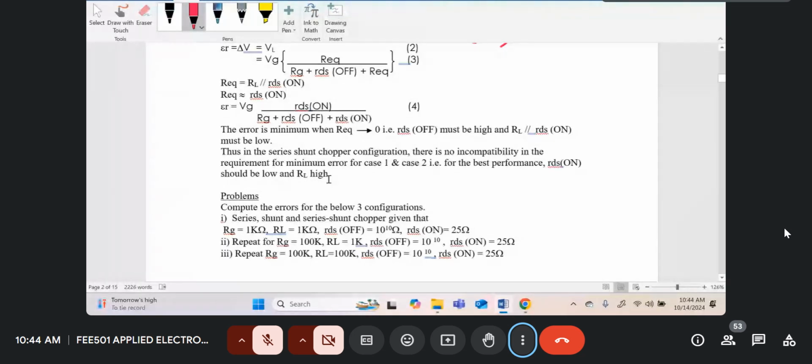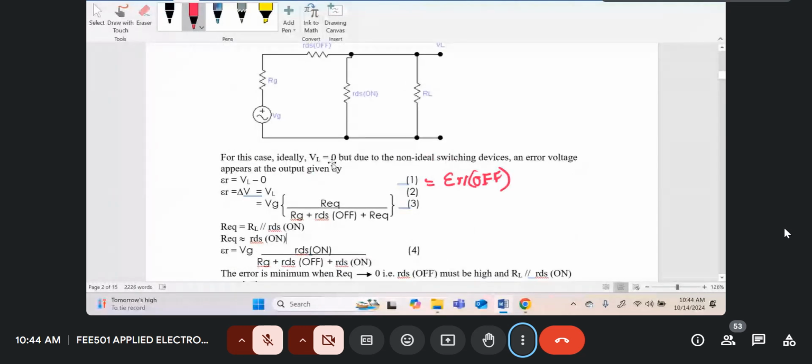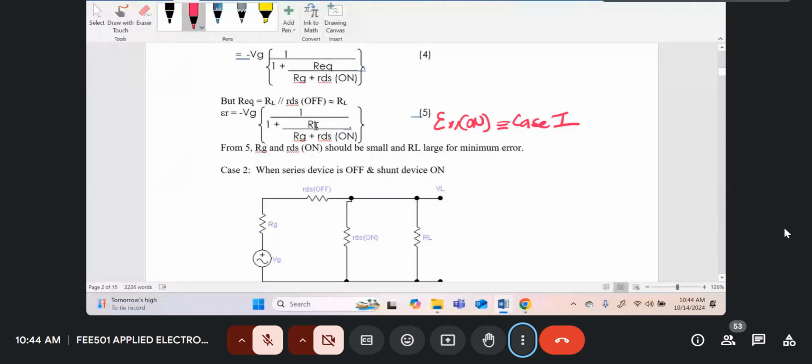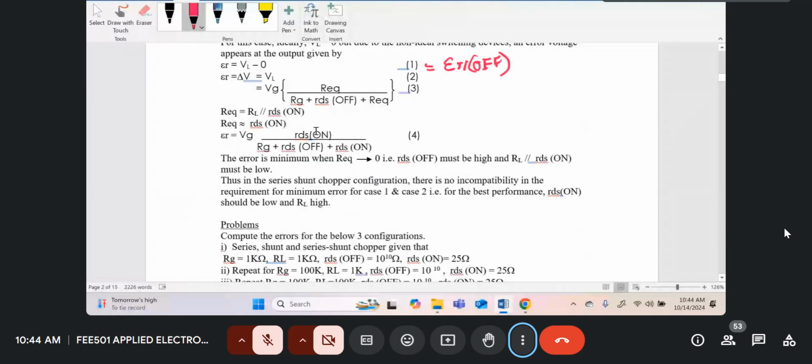So why is RL high? Because in case 1, if you look at the equation here for case 1, if RL is high, then 1 plus this term where RL is in the denominator, the higher it is, the smaller the error. But this one contradicts the case of case 2, where R equivalent is actually RL in parallel with RDS on, because RDS on is typically 25 ohms to 30 ohms.